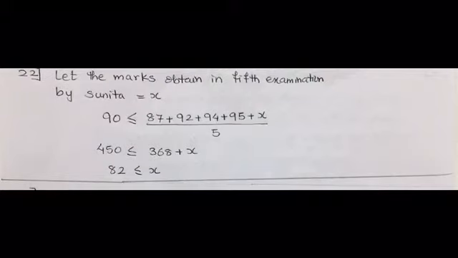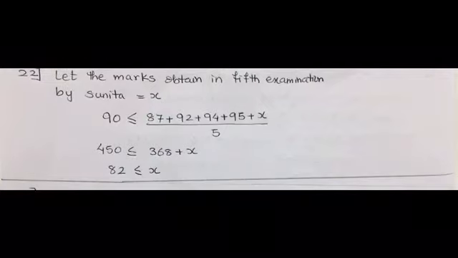If Sunita's marks in first 4 examinations are 87, 92, 94 and 95, find minimum marks that Sunita must obtain in 5th examination to get grade A in the course.